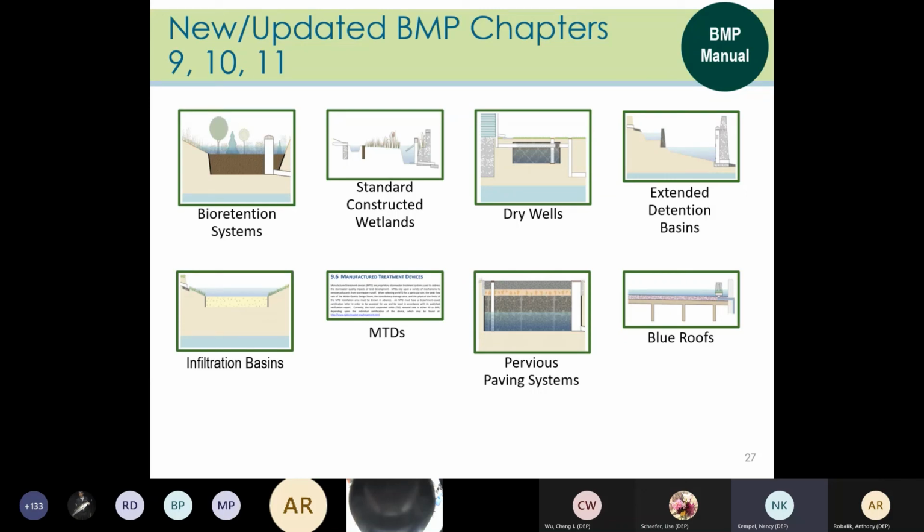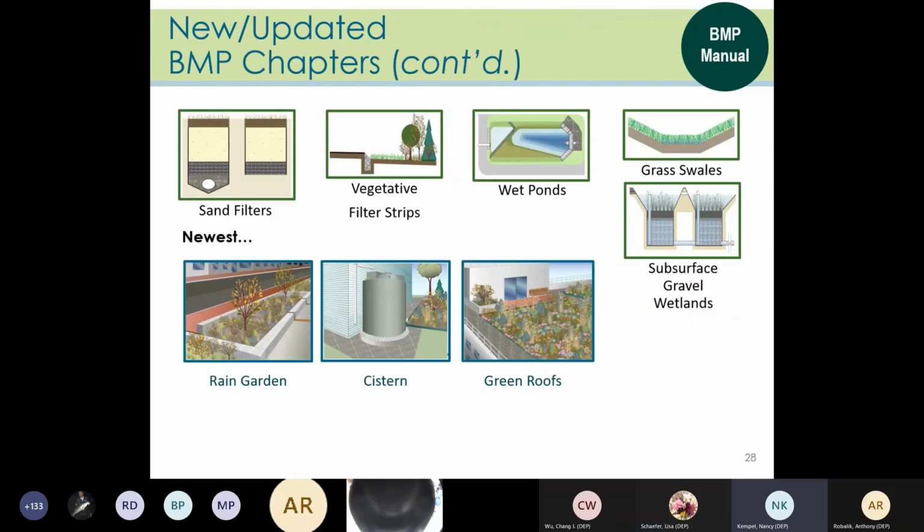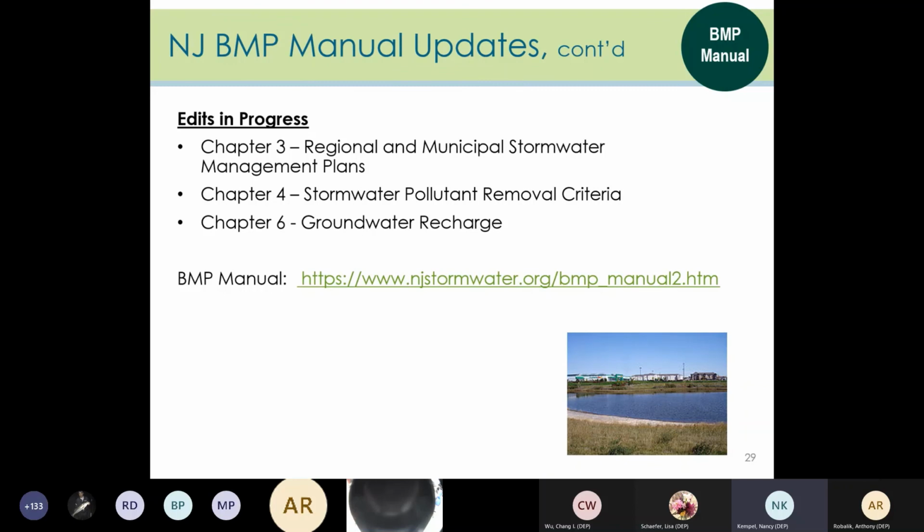In the new rules, Chapter 10 has the BMPs from Table 5.2, and Chapter 11 has the BMPs from 5.3. We also had posted some earlier updates on other BMP chapters. I believe it was 5 and 12, if I'm not mistaken, and we are working on the other chapters that have not been updated yet.